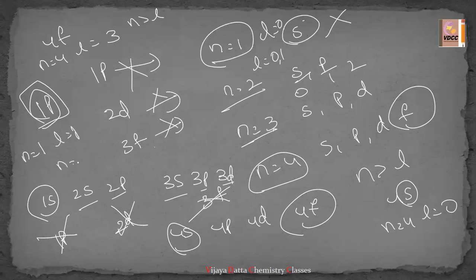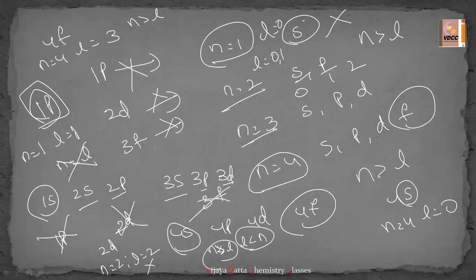So n equal to l is a wrong statement. What is the statement? Always n should be greater than l, not equal to also. That is the reason 1p, 2d do not exist. For 2d, n equal to 2, but the l value for d is 2. It is not possible. For 3f, it is not possible because n equal to 3, l equal to 3; l is always less than n. Only this relation should be followed.